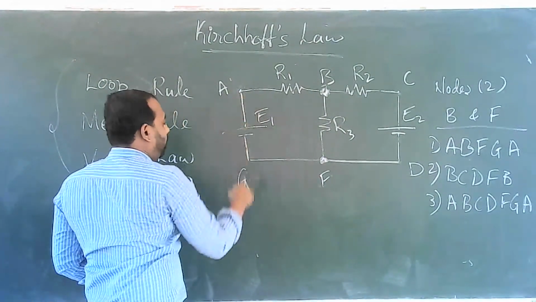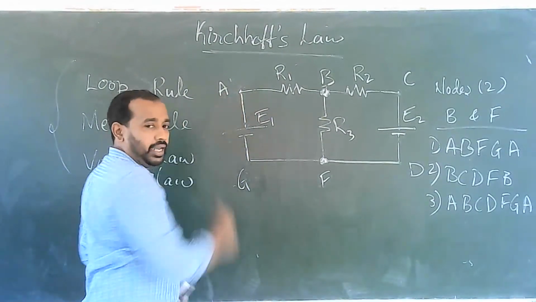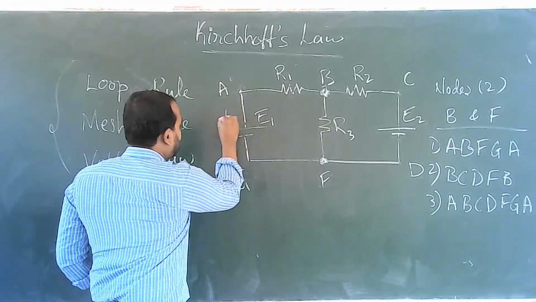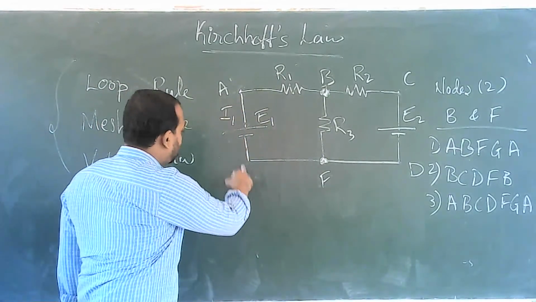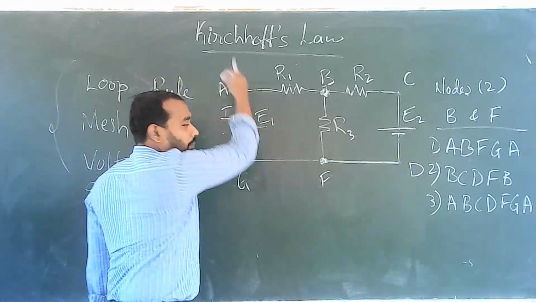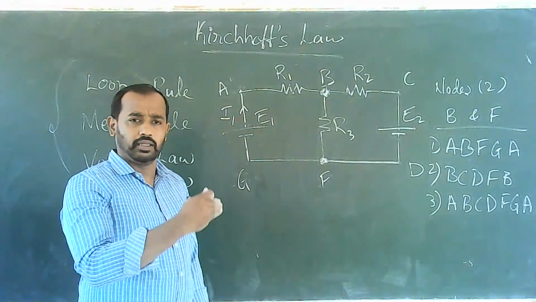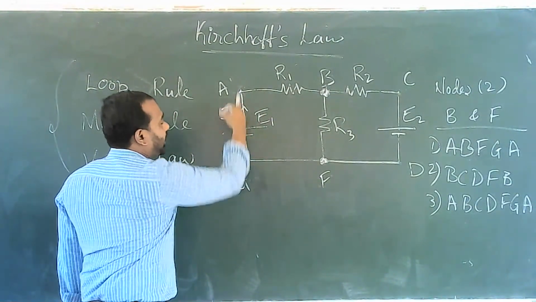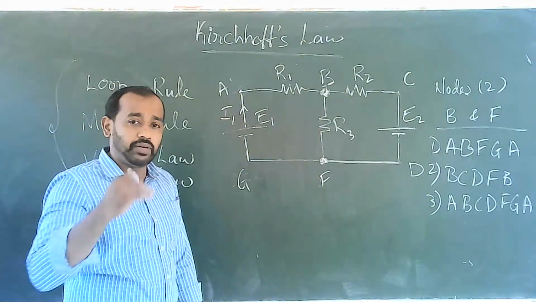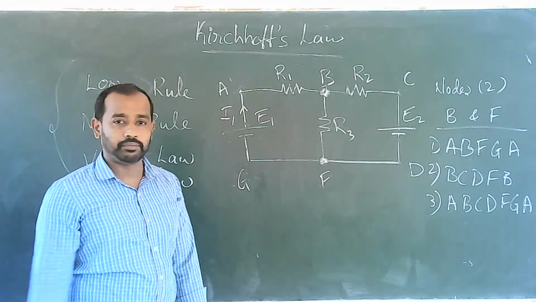Therefore, the current between A and G is represented as I1. It is directed away from the positive terminal of E1. That's the usual convention.